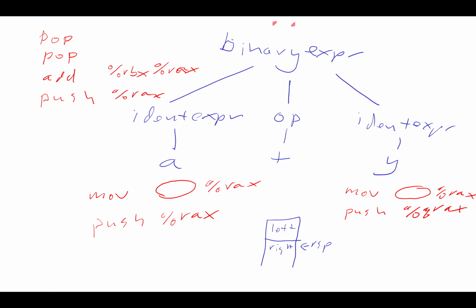So when I go to call pop, which operand am I popping off, the left or the right? The right one, yeah. I pushed left first, then right, so the right operand is going to be popped off first. With my convention, I'm going to put the right operand in RBX and the left operand in RAX.